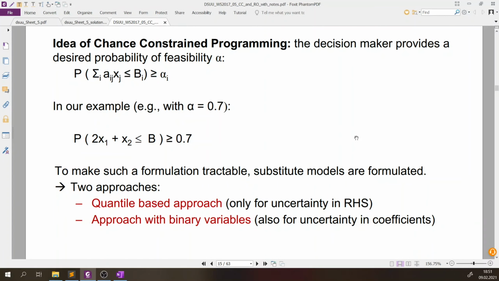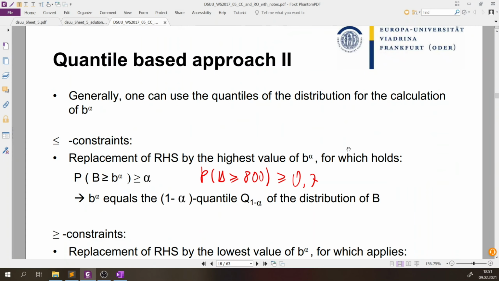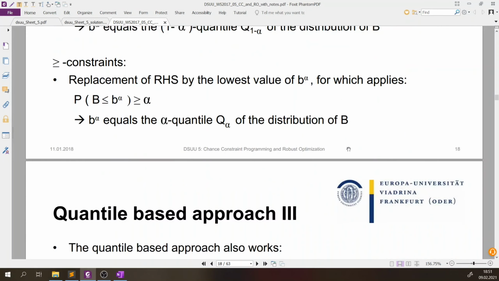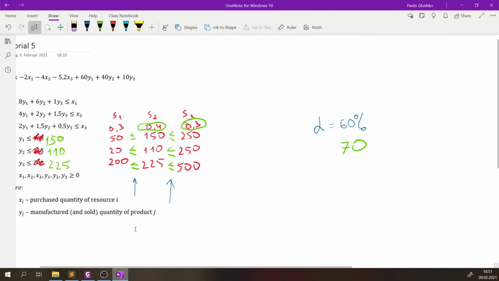And also it's mentioned somewhere that it can be applied only to one single constraint. But here we had an exception because, again, this relation among the scenarios for the demand of every product is always the same.